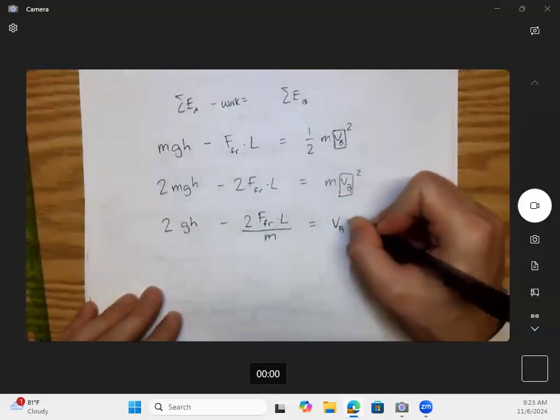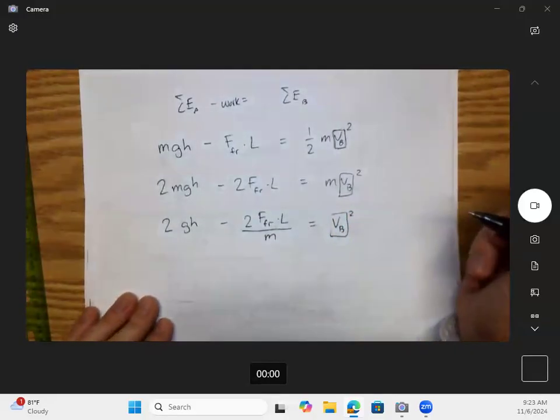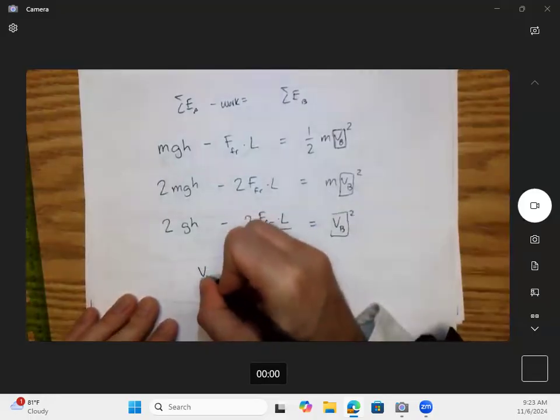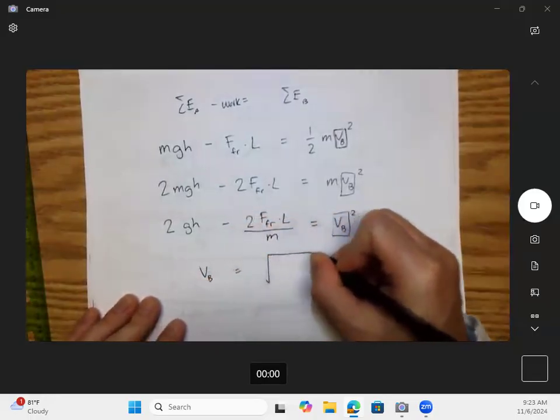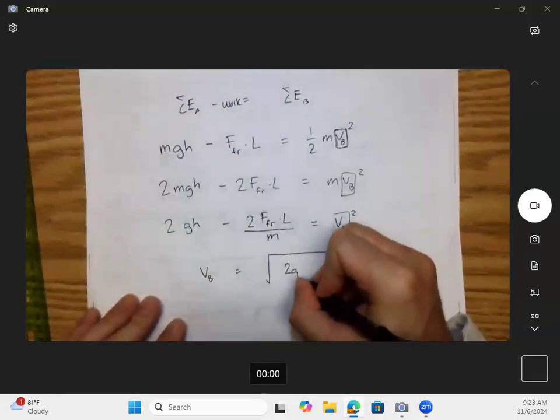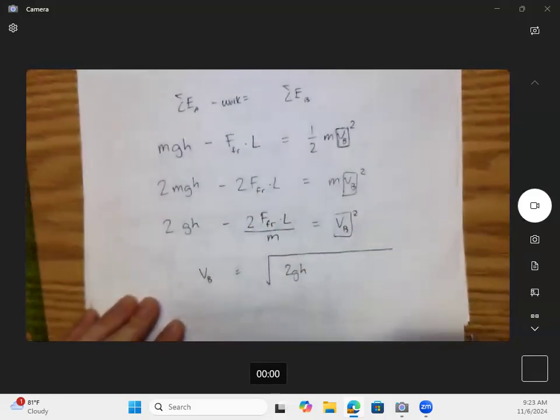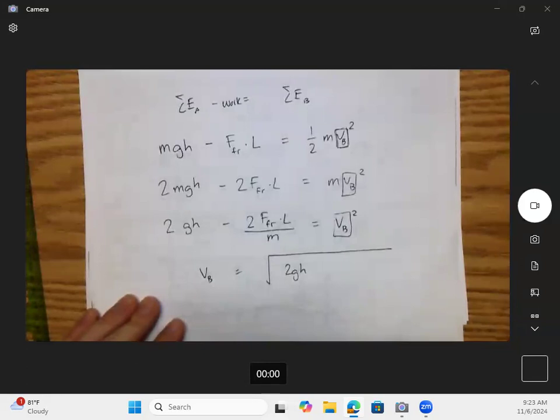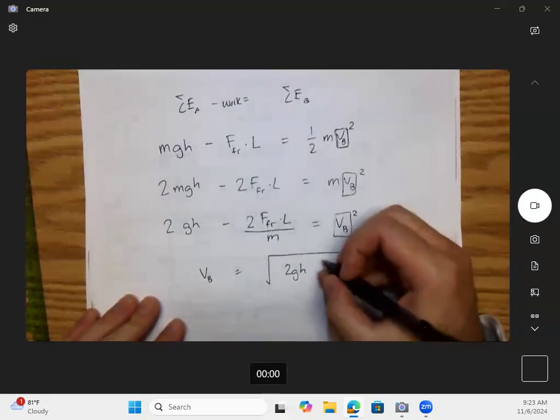That's VB squared. And then finally take the square root. So the speed at the bottom is a big old square root, 2GH. In fact, if there was no friction, that would just be the answer. Speed square root 2GH, which you've seen many times before.